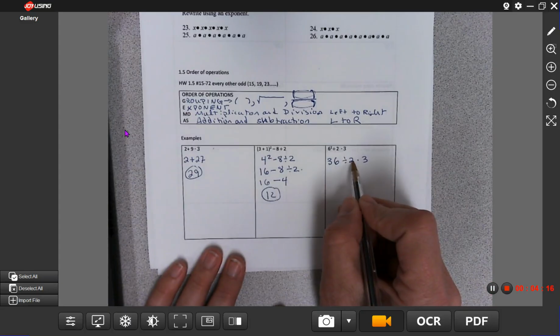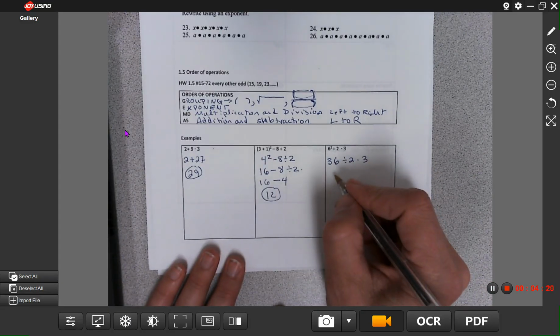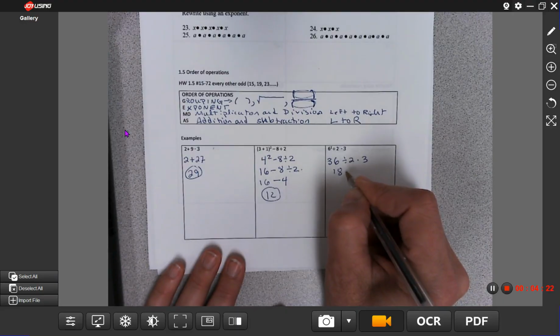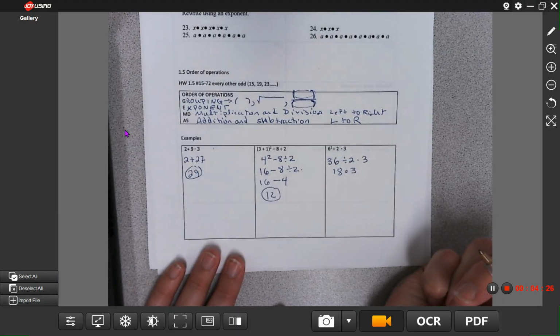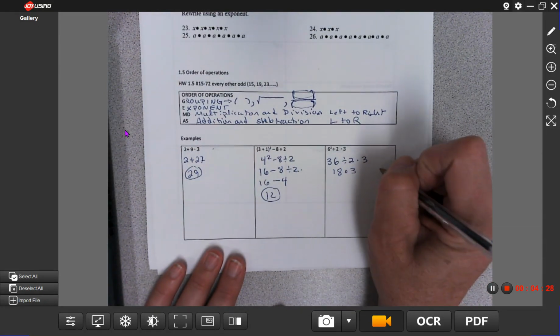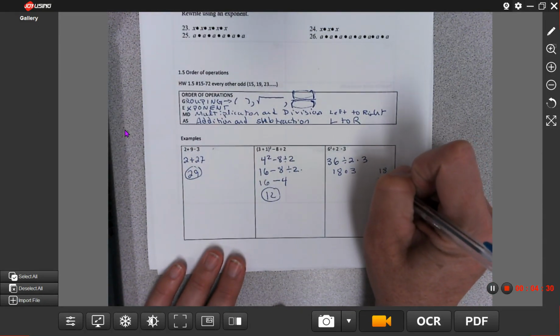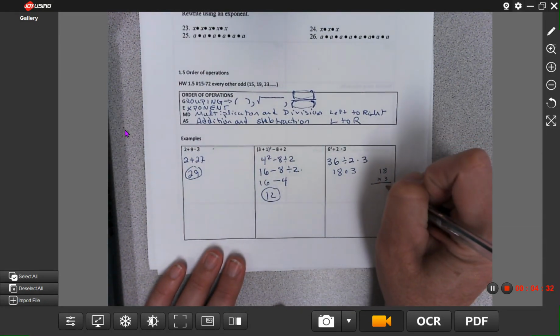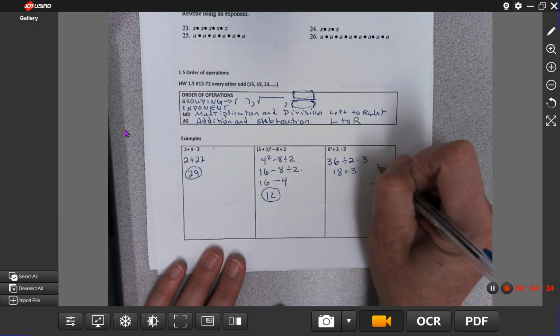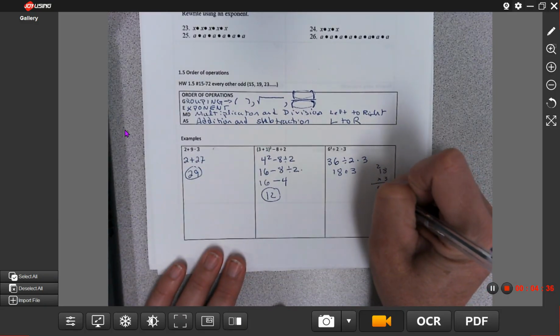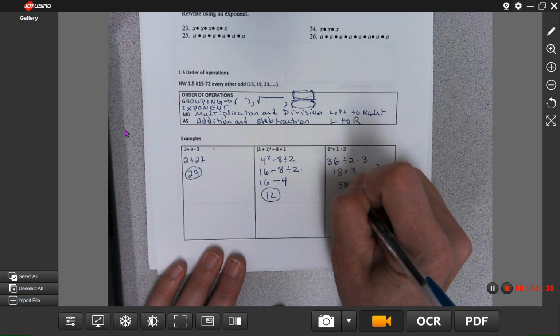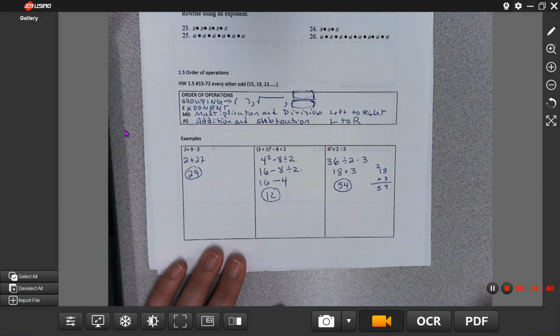So I have to do 36 divided by 2 first because it comes first when I read from left to right. So that would be 18, 36 divided by 2, and then I still have times 3. And now I do that multiplication. So maybe you know it off the top of your head, maybe you don't, but let's do it out. So 54, so the answer is 54.